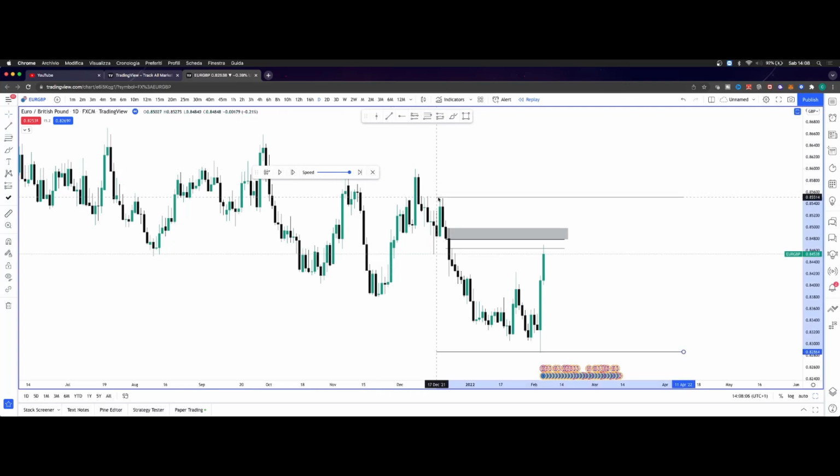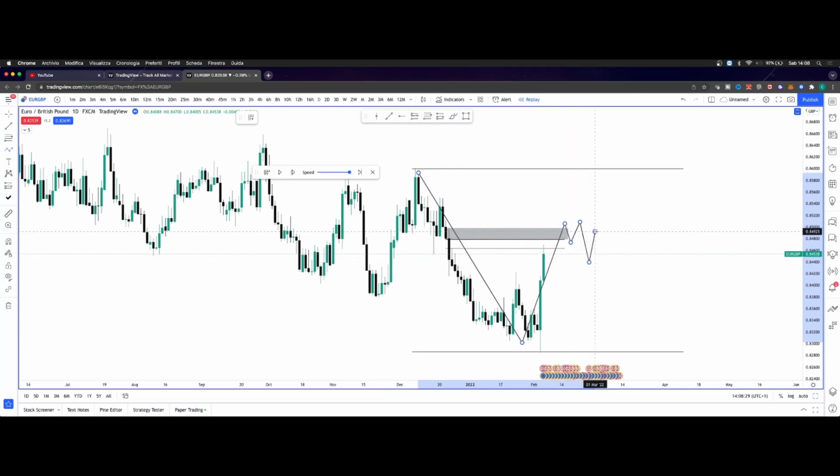Maybe just if we want to refine this area. Okay, this is my daily range and this is my weekly range. Basically the biggest leg is this one. So lower high, lower low. Now the price created a lower high, maybe, let's see, and then another lower low.